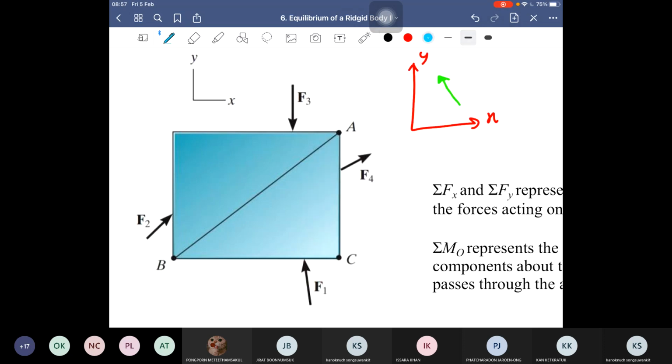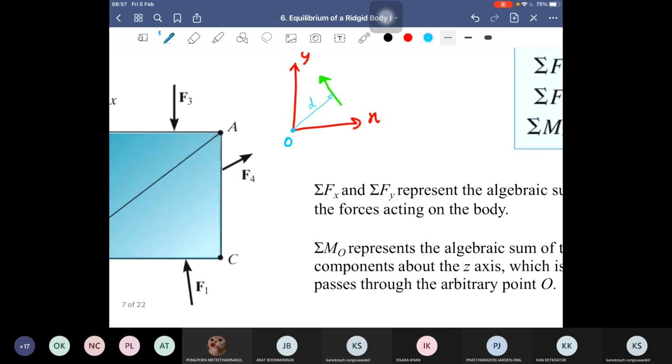When the force acts on the rigid body, we need to find the distance from point O to the line of action of this force, equal to d. So we have one force and one moment.